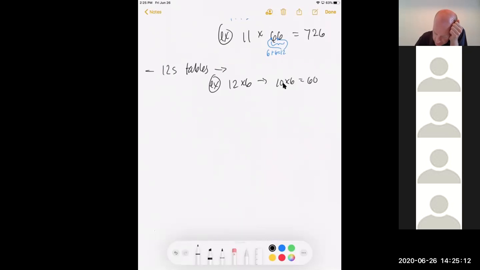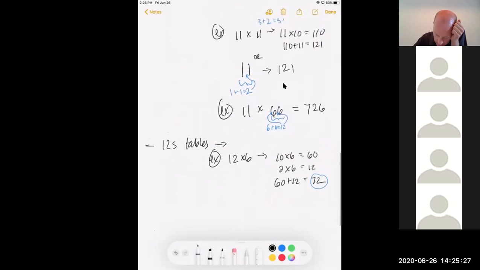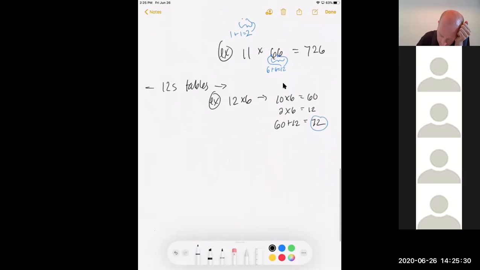Okay, 10 times 6 is 60. Then 2 times 6 is 12. 60 plus 12 is 72. Good. So that's my answer, 72. This will be the times 10 plus 2 idea. Times 10 plus the double. Okay, so 12s aren't bad. You just multiply them by 10 and add the double.